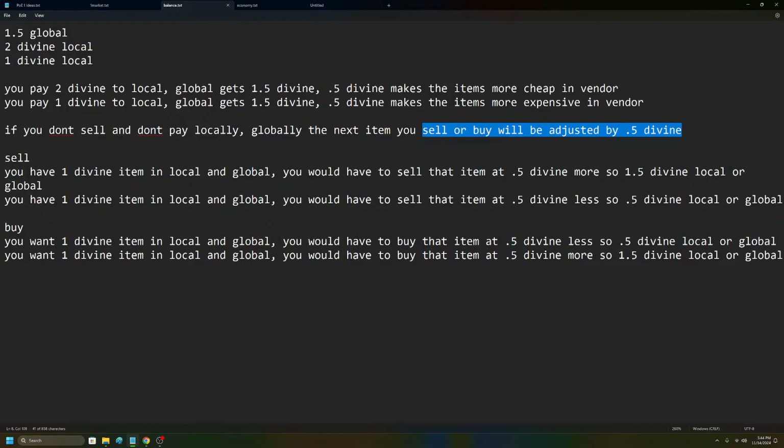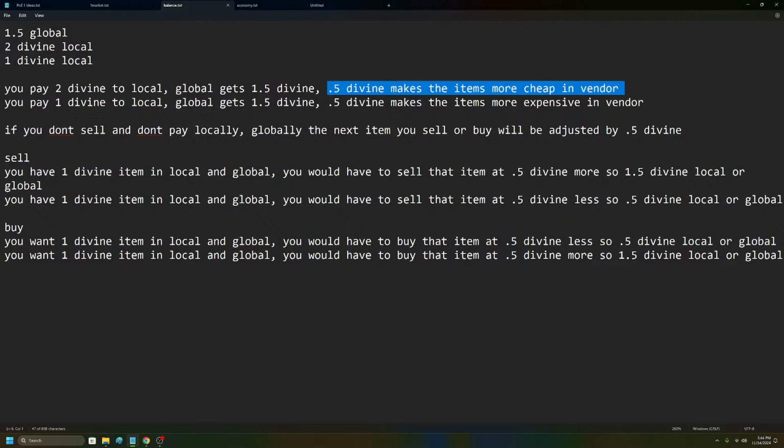So in the case where you pay 2 divine by 1.5 divine going to the player that you're trading with, and then the next vendor sale you make having the item be 0.5 more expensive, or the next item that you sell in the global market, 0.5 divine goes to, you would have to, like, let's say you're selling an item for 0.5 divine.